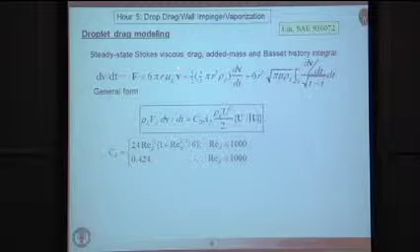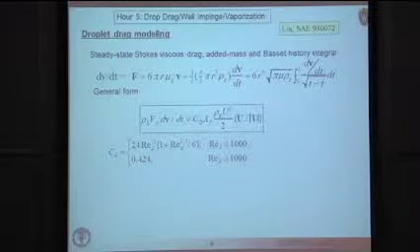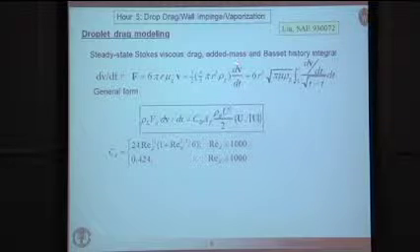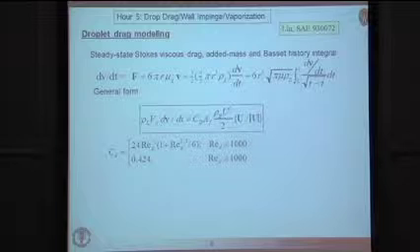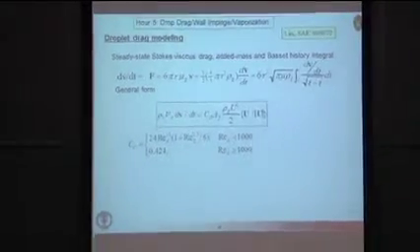This first term here is the so-called Stokes viscous drag, which involves the viscosity of the gas phase. Here we have the added mass term. Generally, this is very small because the gas density is much smaller than the liquid density. And then we have this last term, the so-called Basset history term, which essentially is most important during the startup, when a droplet is suddenly exposed to a velocity of the gas. Generally, this term is also neglected.